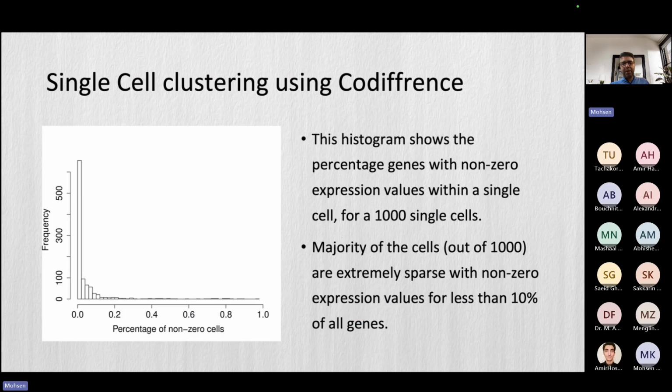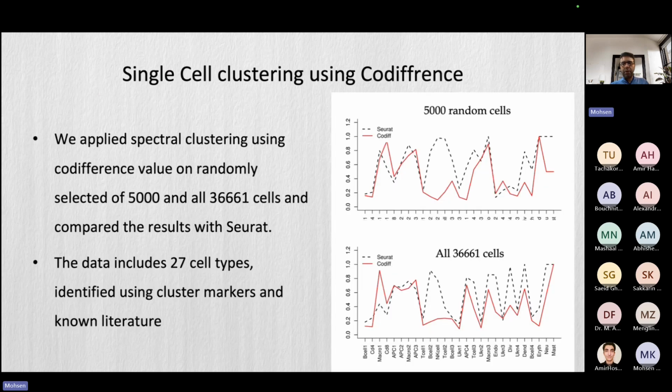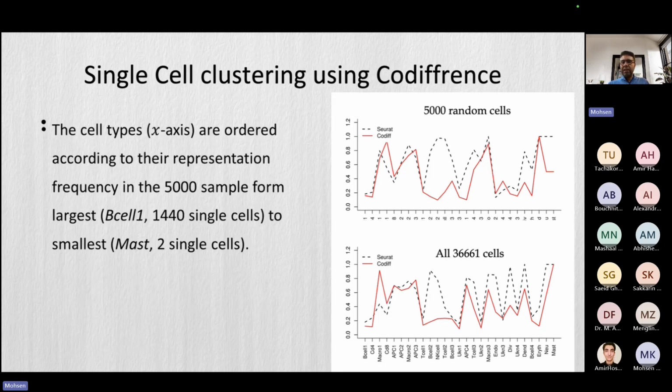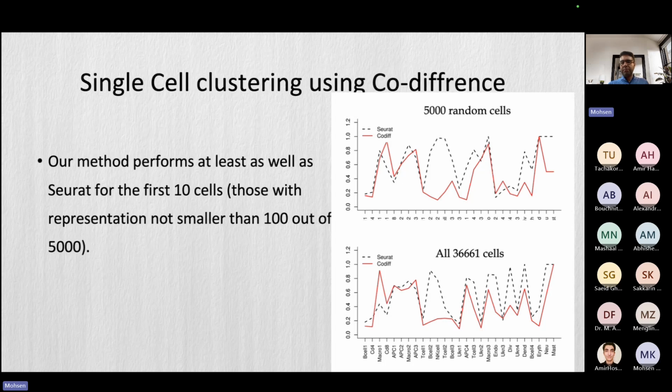I just bring some example here. I don't want to jump into details because there is a lot of details here, but the idea here is that we use the codifference instead of correlation for clustering of the gene data, and we compared the results. We found that there is a little bit of deviation from the well-known package, which is Seurat, for the gene expression.